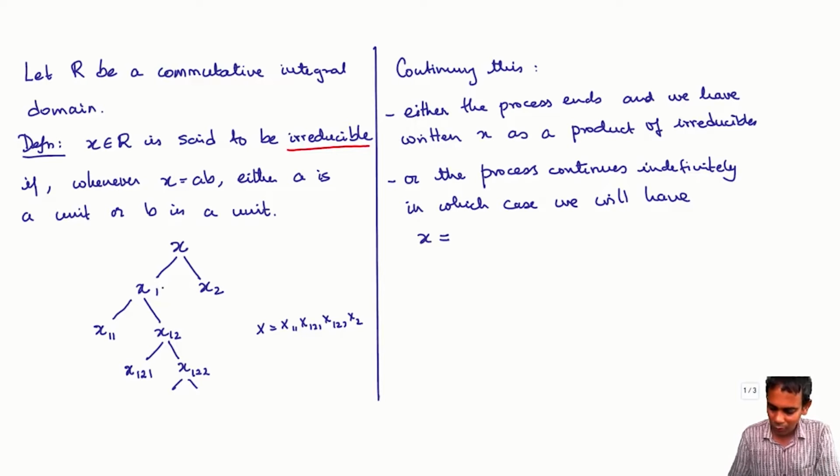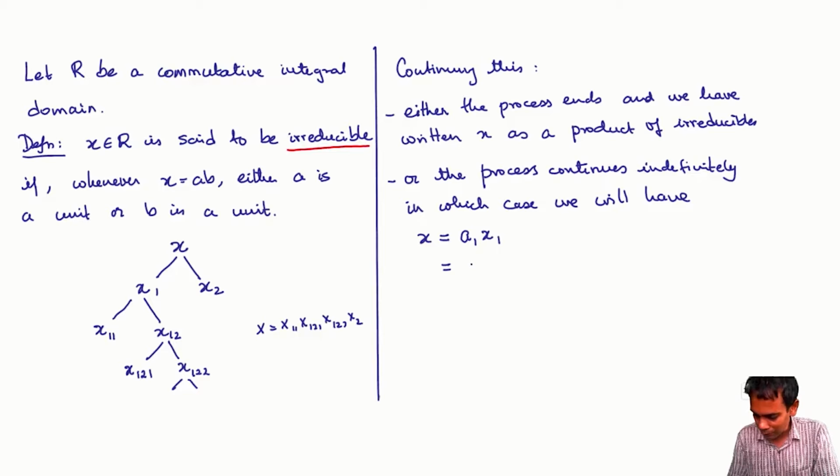The first time I'll call that a1, and the other branch I'll call x1. Now a1 is not irreducible, maybe x1 is also not irreducible, but this is the one I'll choose to factor further.